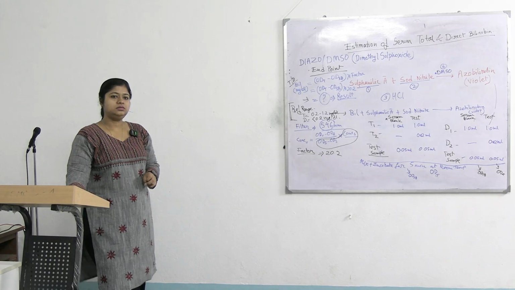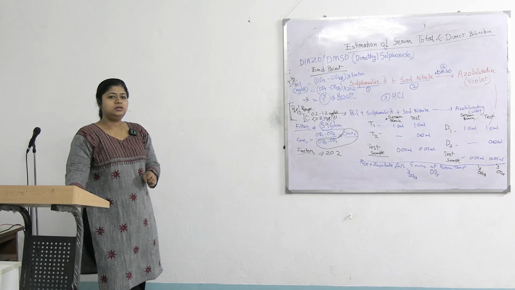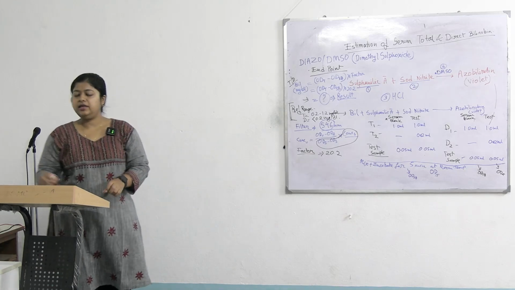Say it louder. Anemia. Hyperbilirubinemia means what? Jaundice. So what are the causes of jaundice? What are the types of jaundice? Hemolytic, hepatic and obstructive. So in case of hemolytic jaundice, what would be the value of total bilirubin and direct bilirubin?